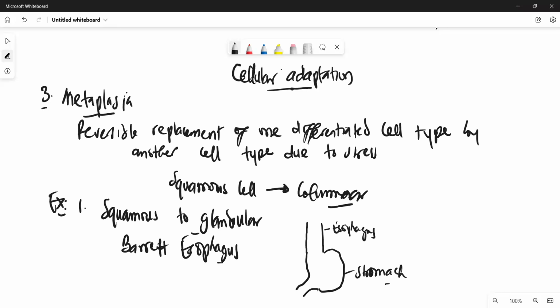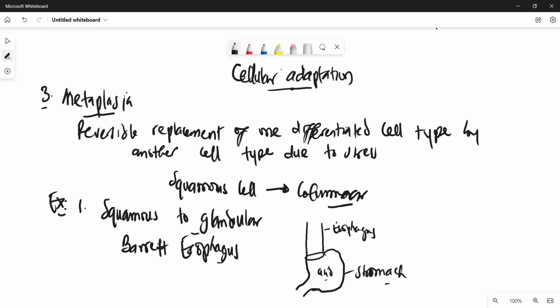Inside the stomach, we normally have acid, which is produced by the parietal cells, and so the pH there is always low because of the acid. In between the esophagus and the stomach, there's a sphincter that separates both of them. That sphincter normally prevents the reflux of acid into the esophagus, because the epithelia inside the esophagus is not designed to protect against acid.